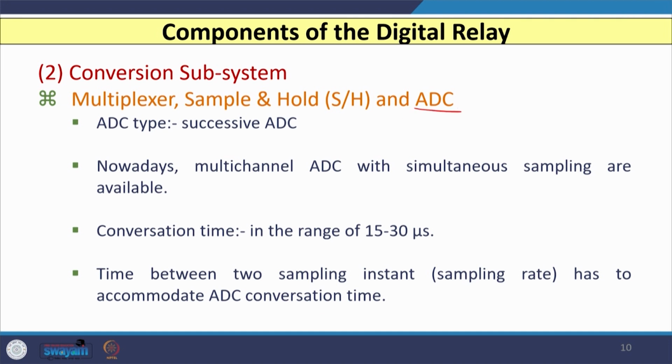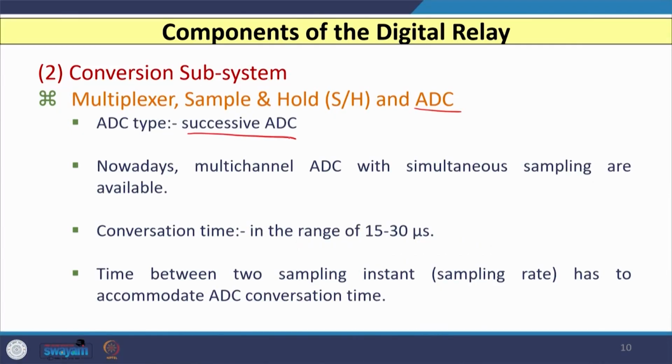The ADC is known as the analog to digital converter. All the voltage signals available from the CT and PT secondary are given to the ADC, so that they can be converted into digital form. Normally successive approximation type ADCs are widely used. However, nowadays multi-channel ADCs having the capability of simultaneous sampling are also available and used.